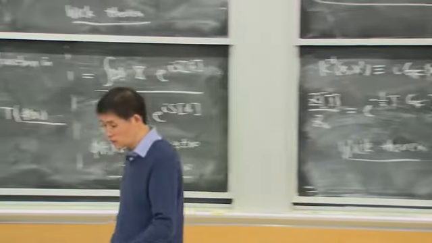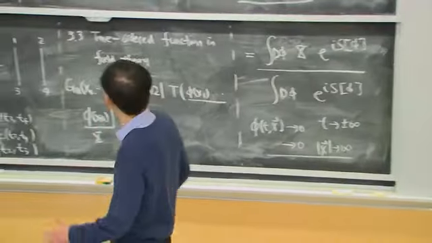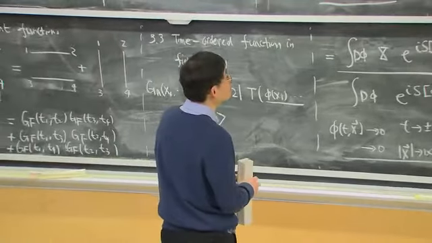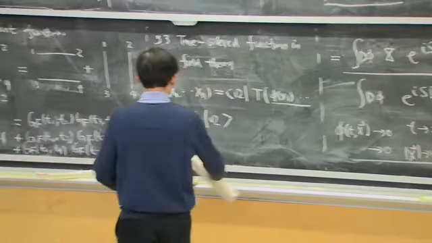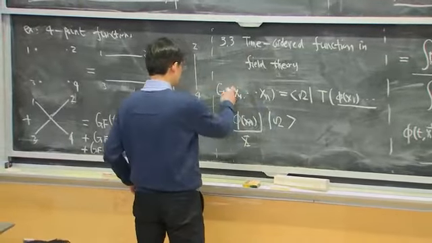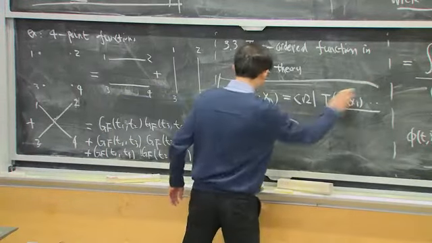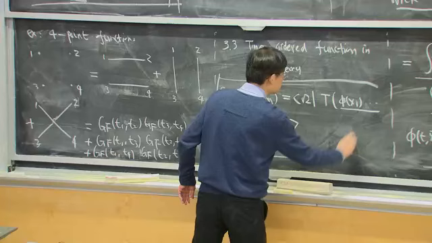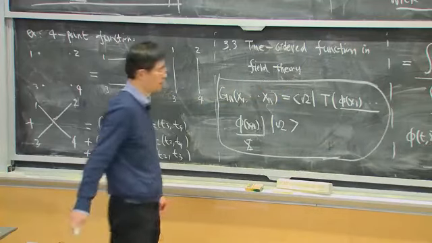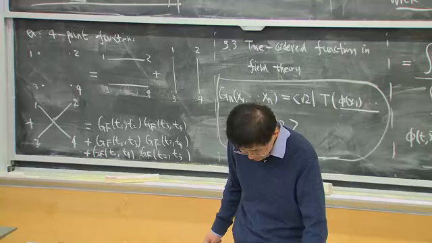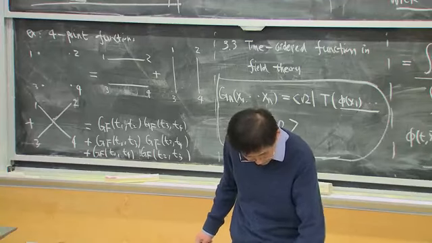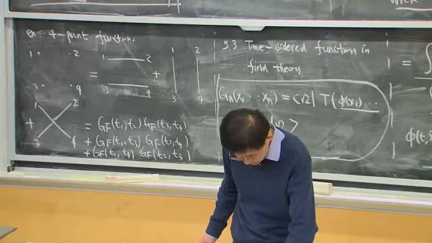Now we again want to calculate this n-point function. This is the object we are interested in. And again, we can just consider the generating functional.